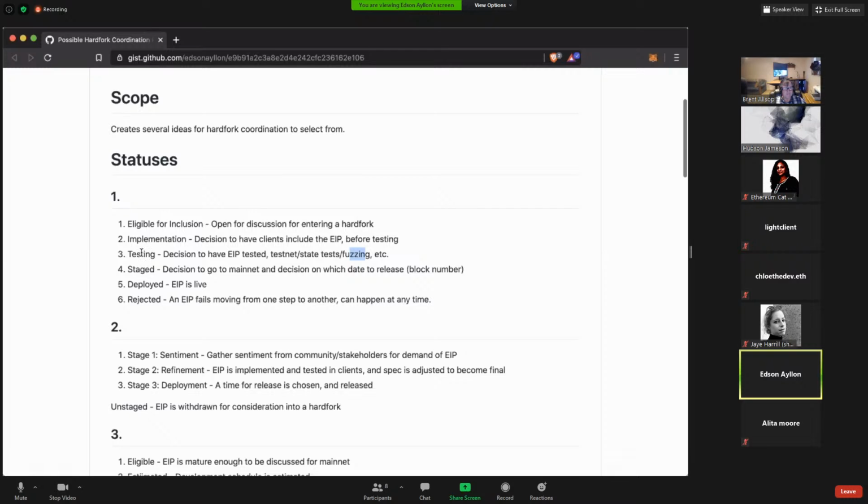Once that is done, the next step is staged, which is the decision for it to actually go into mainnet, which includes deciding what date to put it on. So once it's decided that it's included and a date has been set, then it's staged. Deployed is when that date has passed and it's live. And rejected is, during any of these, if it doesn't pass from one to the next, the EIP is rejected, meaning the EIP isn't going to be eligible for mainnet.